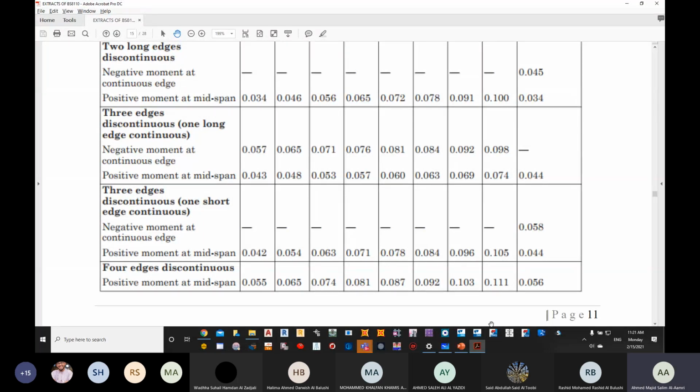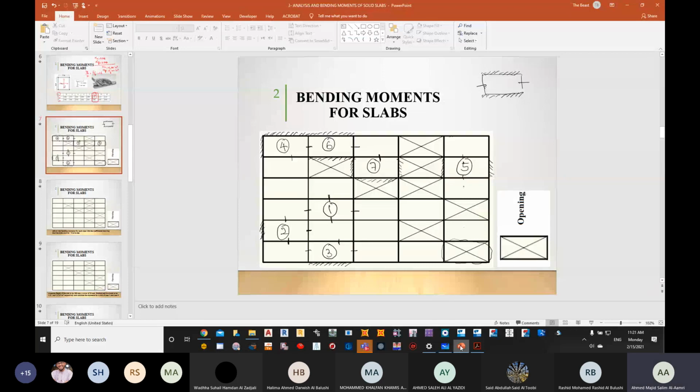Now we need to go here and once again help me in finding it. Can you help me in finding number 8? Fourth column, which is coming here. Right? So here it's discontinuous because it's an opening.